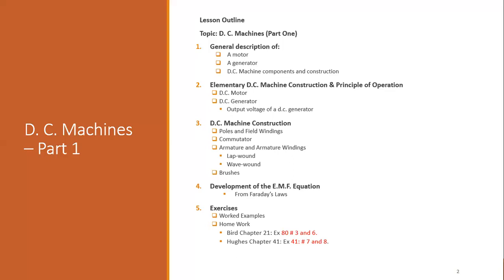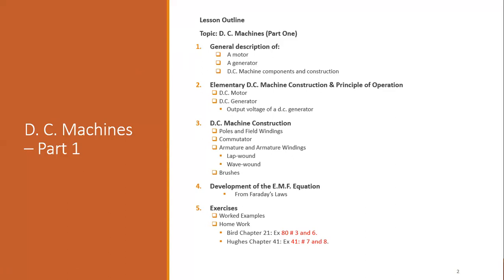So this first part basically is a kind of general introduction to DC machines. And the machines include, when we talk about DC machines, rotating machines, we are talking about motors and generators.